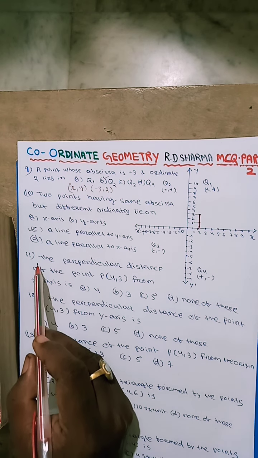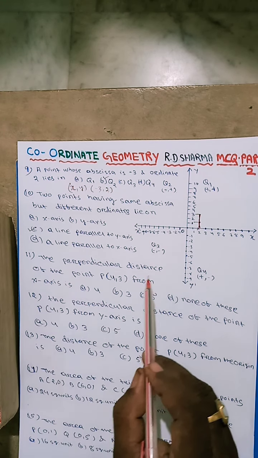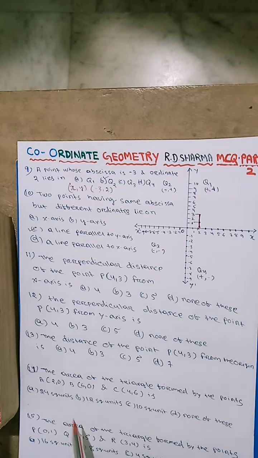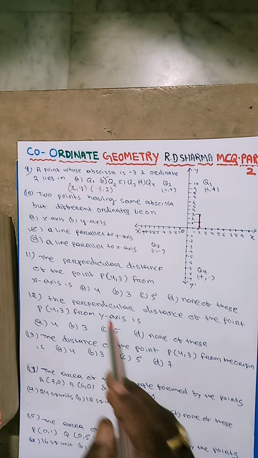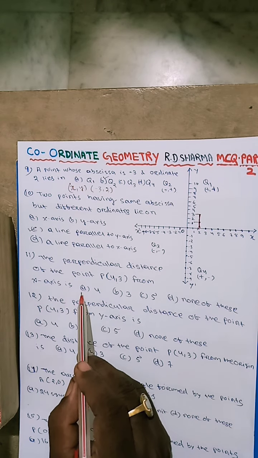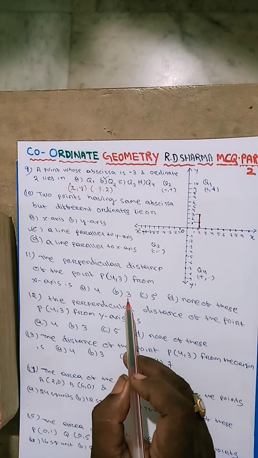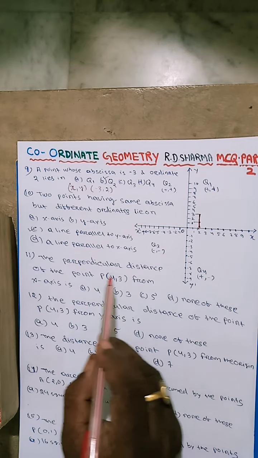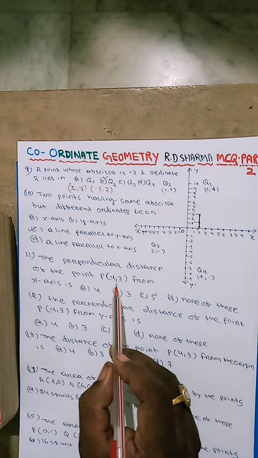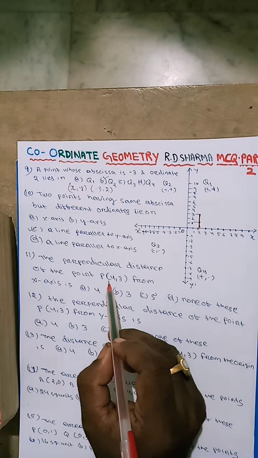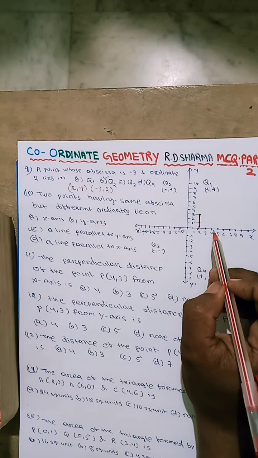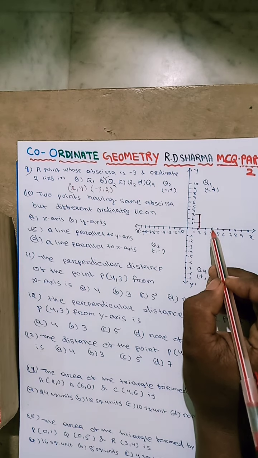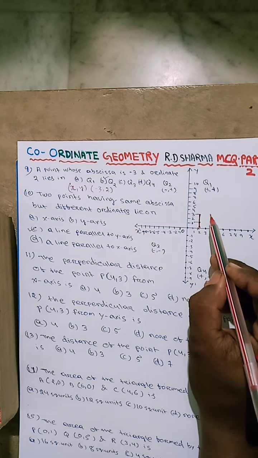Next, number 11. The perpendicular distance of the point (4, 3) from the x-axis is: A option 4, B option 3, C option 5, D none of these. Now locate the point (4, 3) in the diagram. (4, 3) means take the x value 4 and the y value 3.